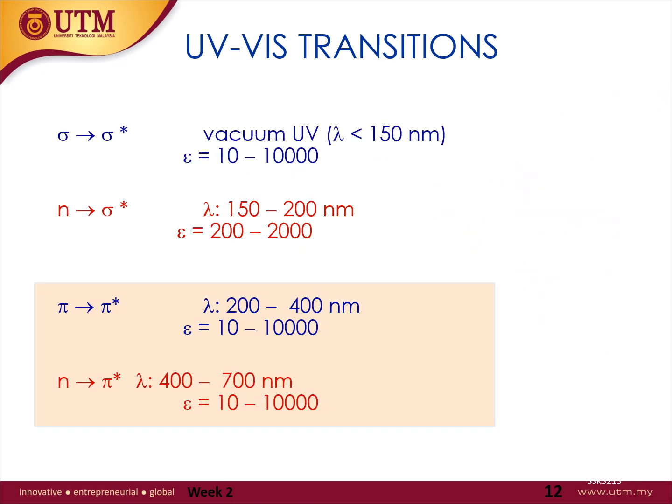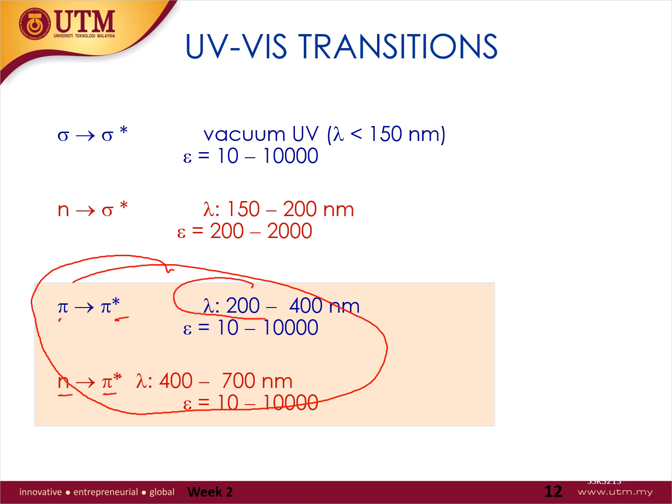So for those applicable in our spectrophotometer, basically most of it is from this part, pi to pi star and n to pi star. You see that the region is between what we learned just now, between 180 to 730 nanometer. This is the range of UV-VIS. It means that lower than that or higher than that, it is actually quite difficult for the detector to detect the transmitted radiation.